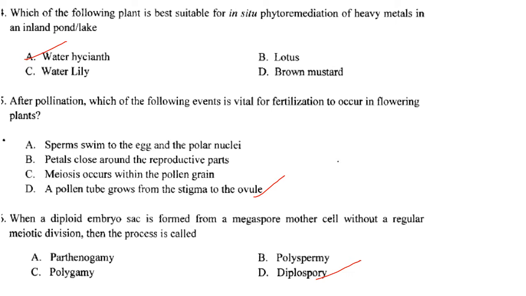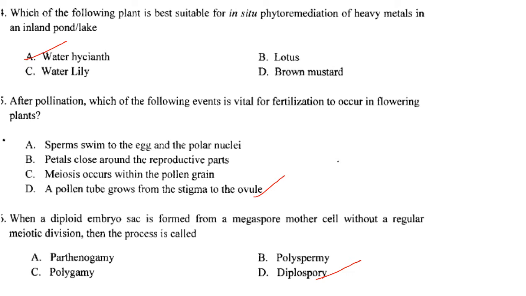So a pollen tube grows from the stigma to the ovule. Answer is option D. When a diploid embryo sac is formed from a megaspore mother cell without a regular meiotic division, the process is called diplospory. Answer is option D.